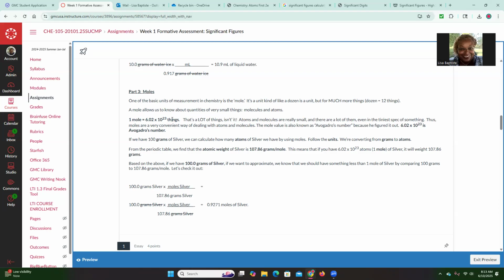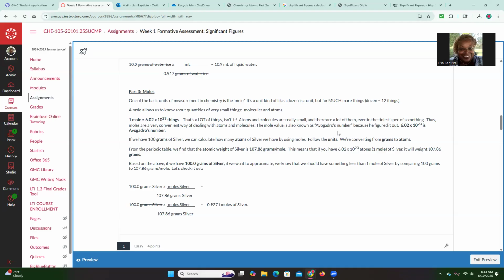Things meaning that depending on what we're looking at, this unit can change. If we're talking about a particular element, then the things becomes atoms. If we're talking about a molecule or a compound, then it's molecules. One thing to note is that this number is known as Avogadro's number.